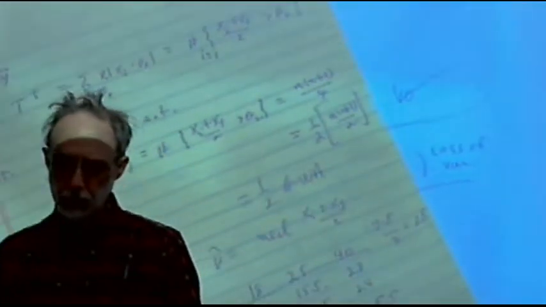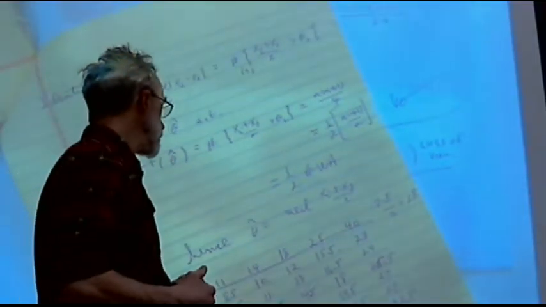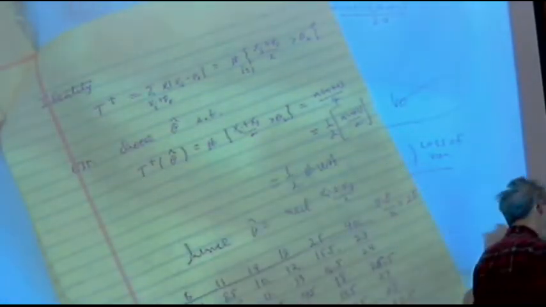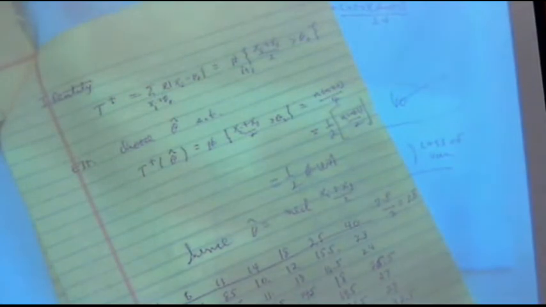In the old days, before computers, we would spend some time on rules to find these things, but the computer can do it now, so we don't. If you had to do one of these on a quiz, you would do it nicely.